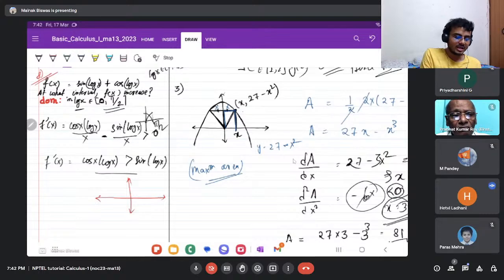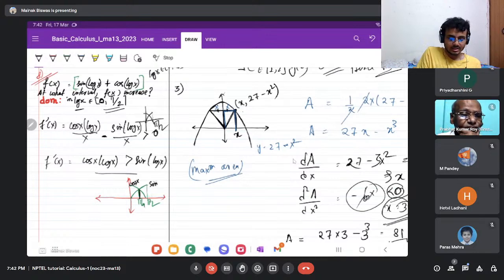So I'm trying to say 0 to pi by 4. Right. So this is your sine x, this is your cos x. This is pi by 4, this is pi by 2. This is cos x, this is sine x. So between 0 to pi by 4, cos x is greater than sine x.